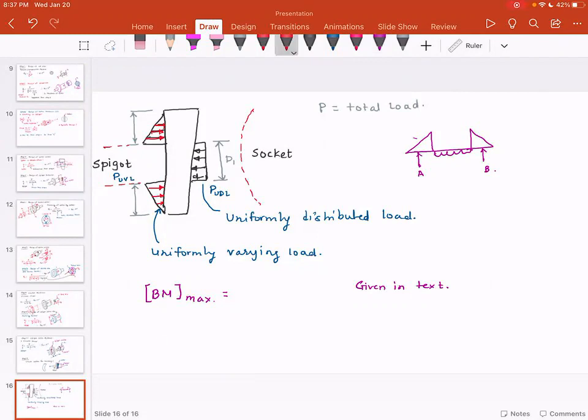From maximum bending moment, you can find the stress in the cotter. Please note this dimension is T, which is the thickness of the cotter, and this dimension is W. So you can find the BM max from the textbook equation.